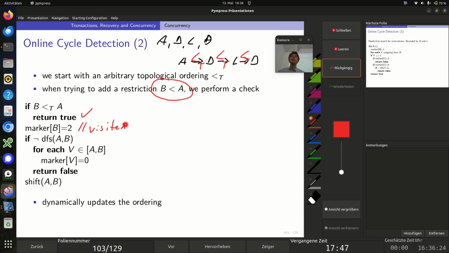And then let's see what happens if we do a depth first search, whether we find the node again.